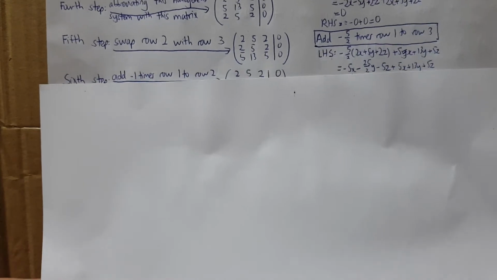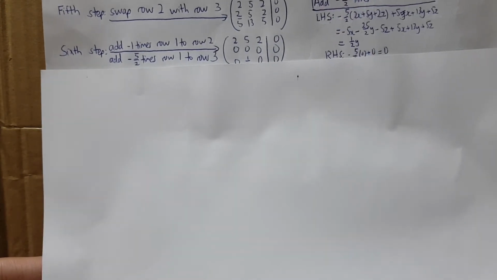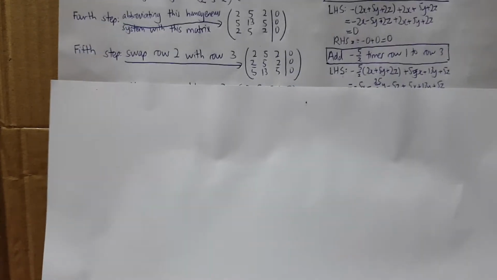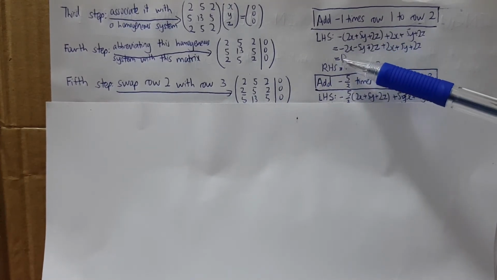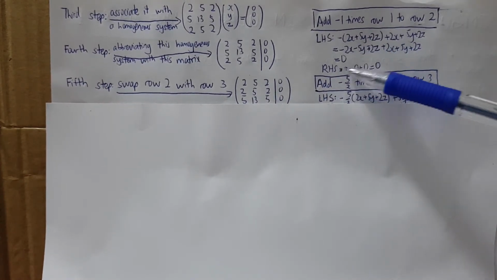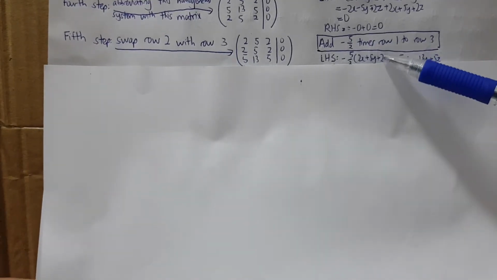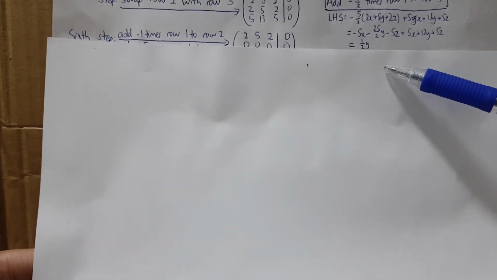And after this, we can add minus 1 times row 1 to row 2 and minus 5 over 2 times row 1 to row 3. And the working is all shown over here. For the left hand side, we get 0 and the right hand side will go to 0. And the same goes for this. So the left hand side will go to half y and the right hand side will go to 0.